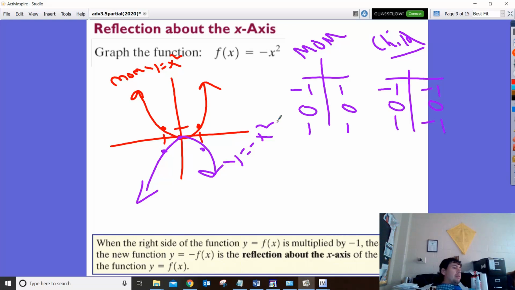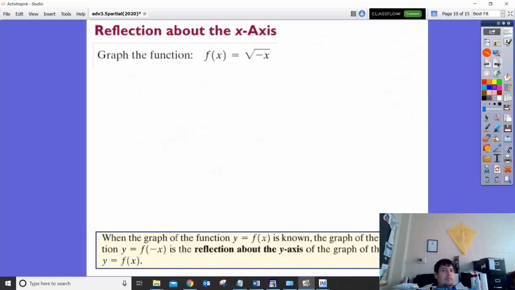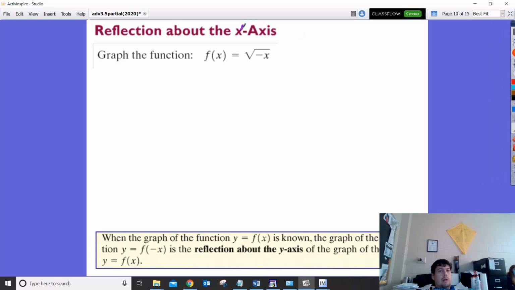Up next is probably a reflection on the y-axis. I don't remember what's in these notes. Ah, it is. That is titled incredibly wrong. That is a reflection on the y-axis.